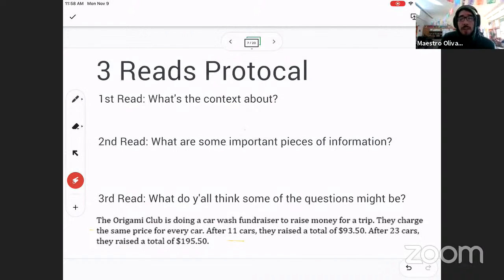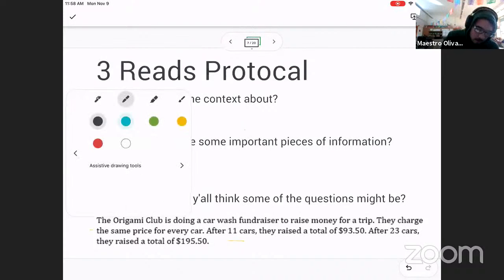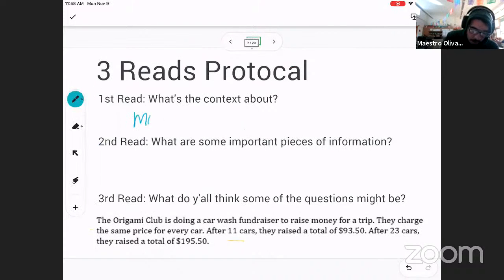So I was listening to the problem. What is the problem about? What's the situation about? Anybody? What's the problem about? Money, okay. Thank you, Angel. Money. What else is the problem about? ¿De qué se trata? Cars, yeah. What's going on with the cars?